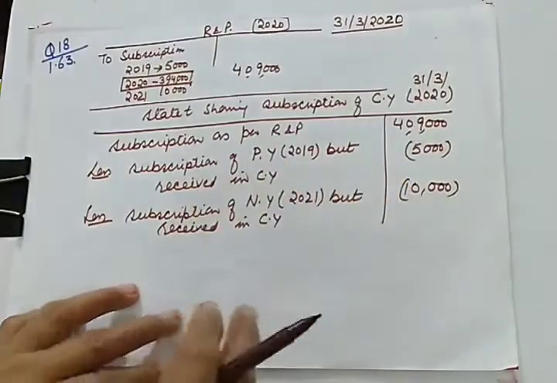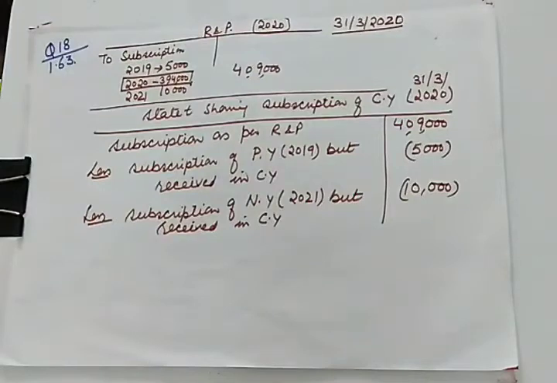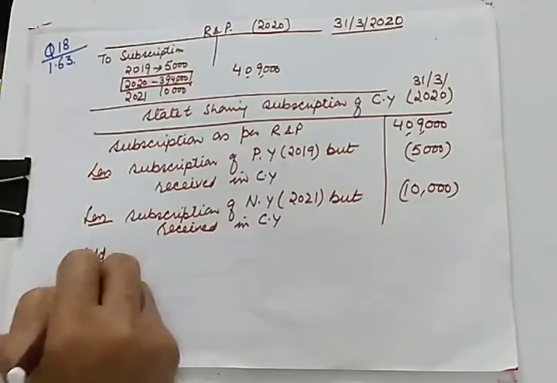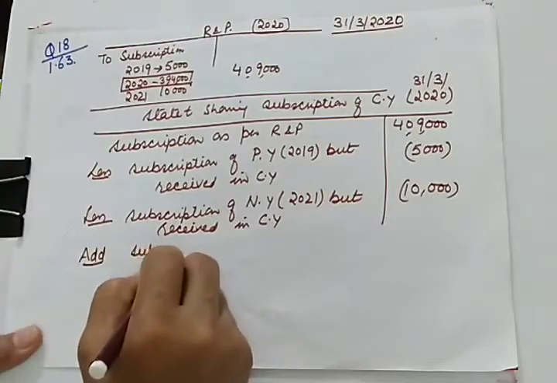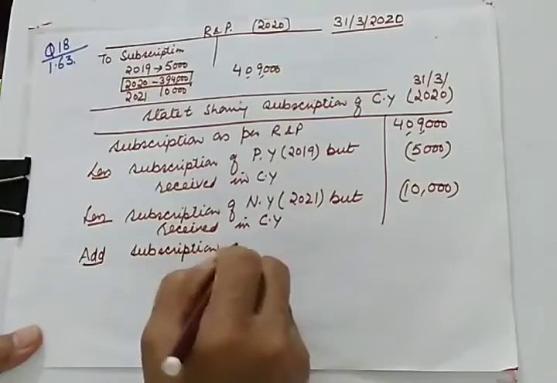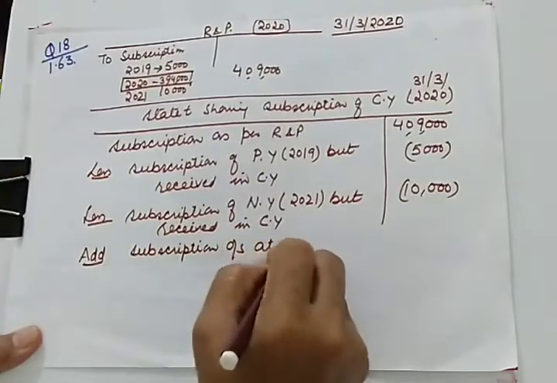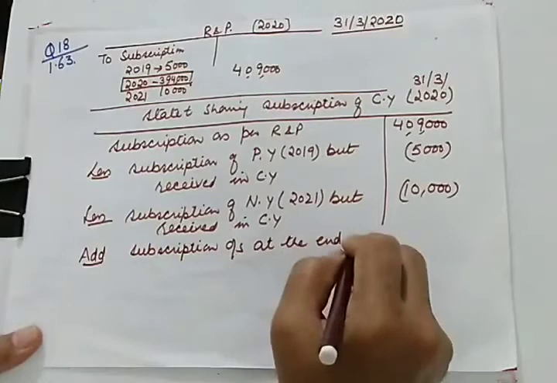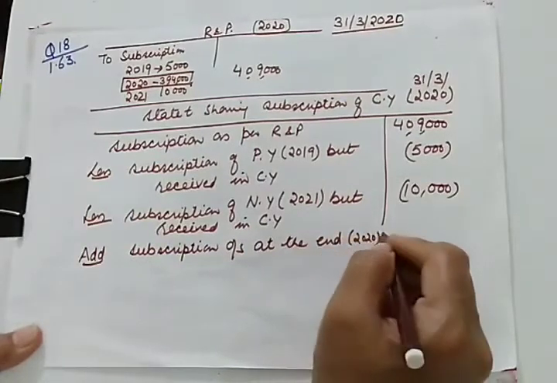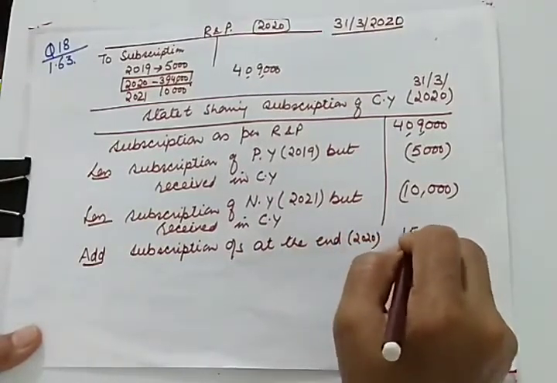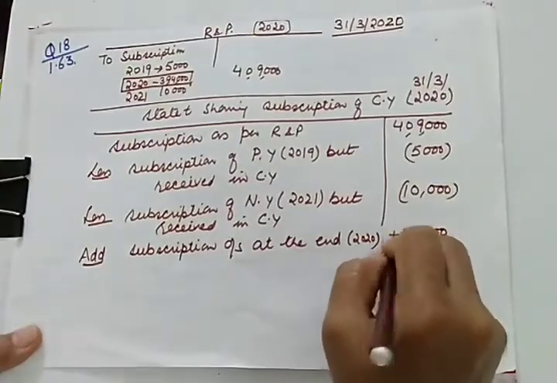And what else is to be treated from this? So here it is mentioned that at the end of the year 31st March 2020, subscription outstanding for the year ended 31st March 2020 were 15,000. So subscription outstanding at the end of the year, related to 2020, it is clearly mentioned in the numerical, is 15,000, which is to be added.